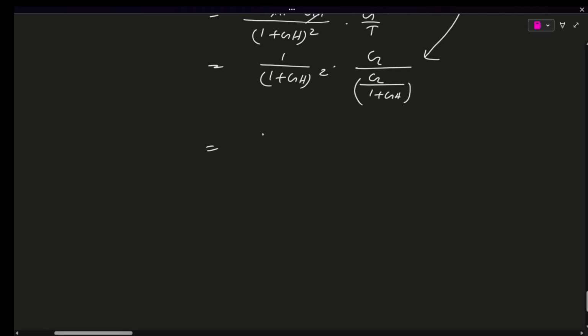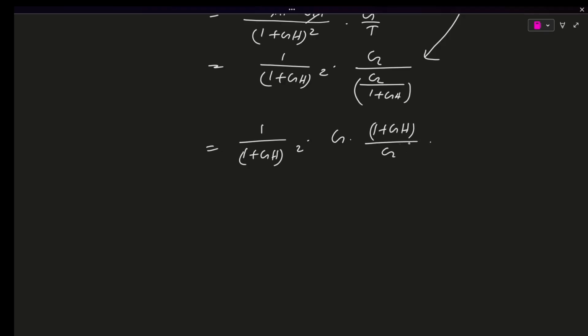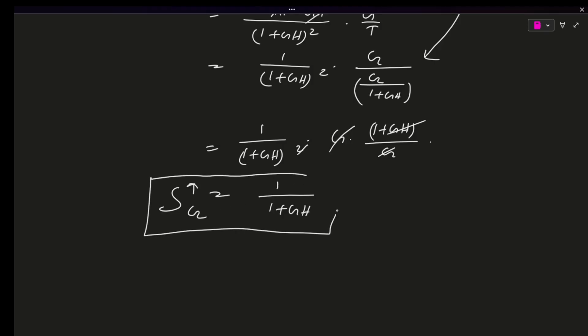Then simplify the things: 1 plus GH whole square into G into 1 plus GH divided by G. So G and G will cancel out and 1 plus GH will cancel out with the square. So the answer will be 1 by 1 plus GH, the sensitivity of the system with respect to G. So here is our desired answer.